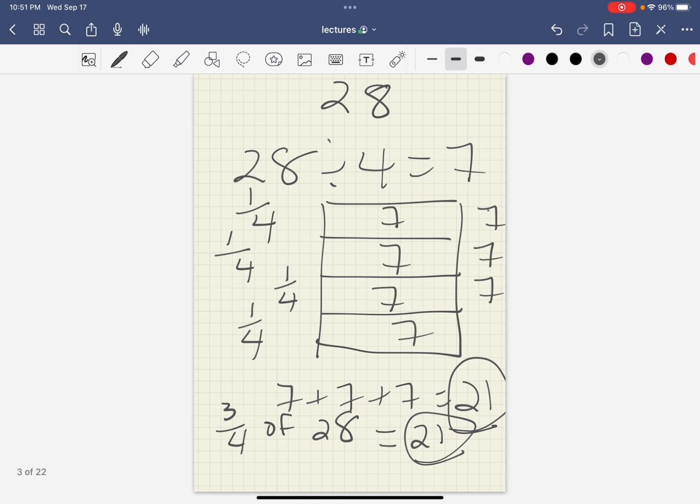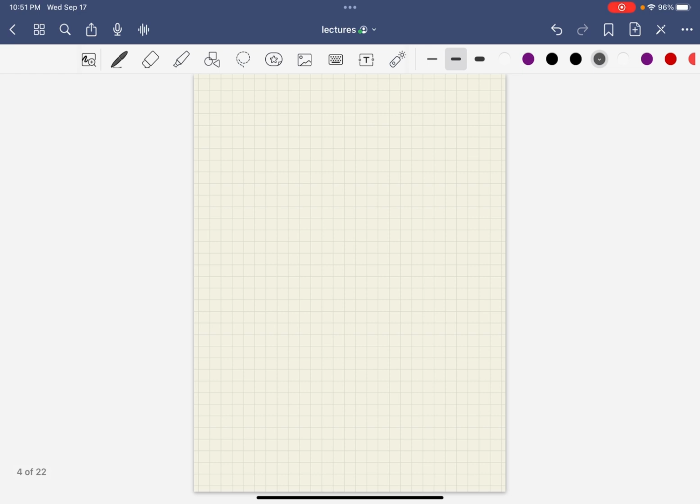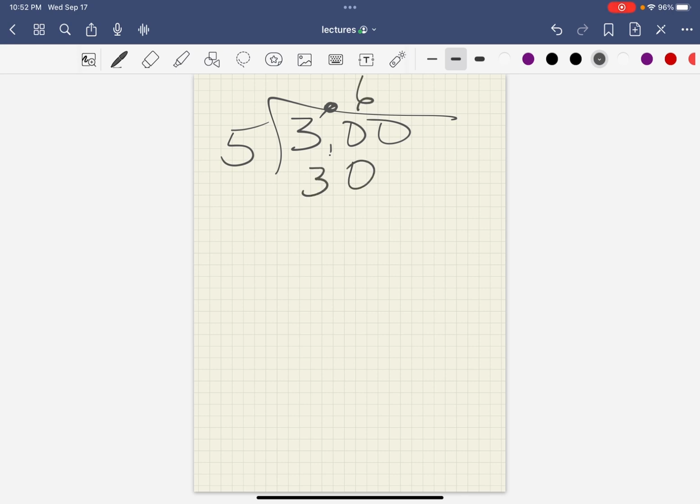It's money. Everybody always likes to talk about money. It says, how much is 3/5 of $3? Okay, so we need to divide $3 into 5 pieces. So $3 divided by 5. Remember, bring the decimal straight up. 5 doesn't go into 3, but 5 goes into 30 6 times. And since we're talking about dollars and cents, we'll leave that at 60.